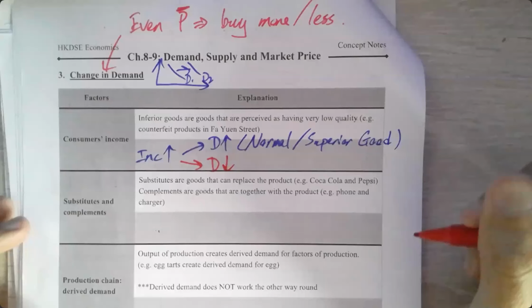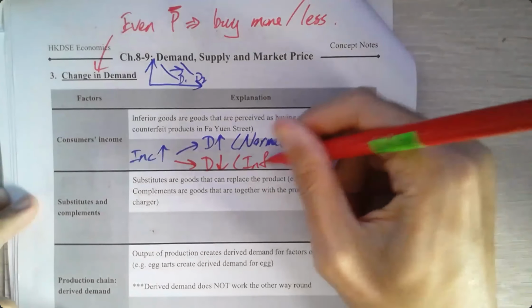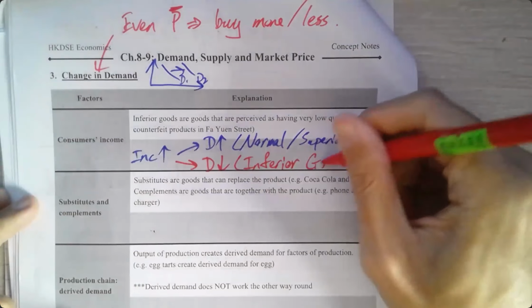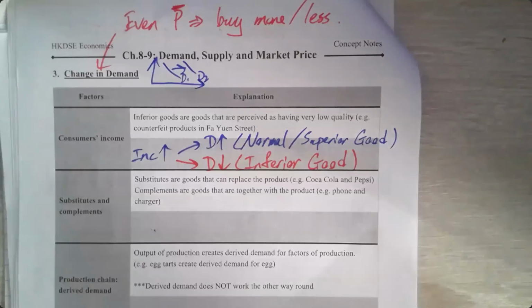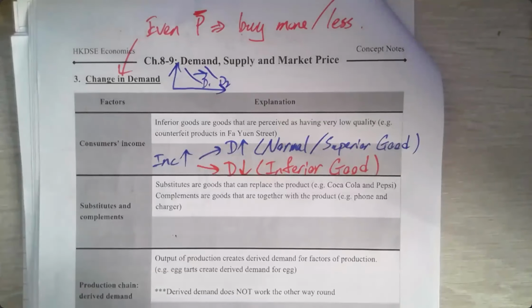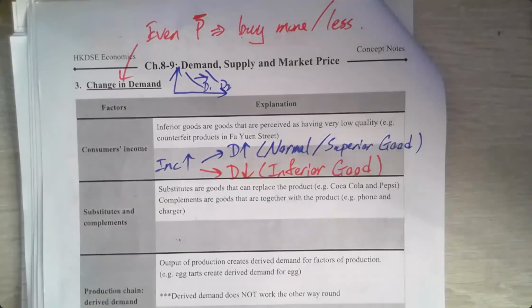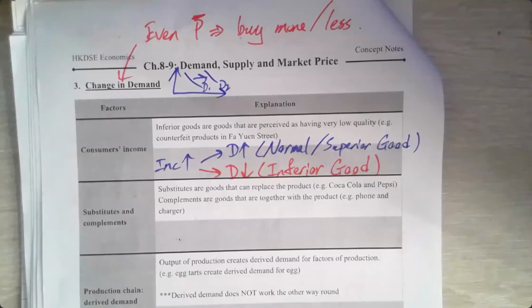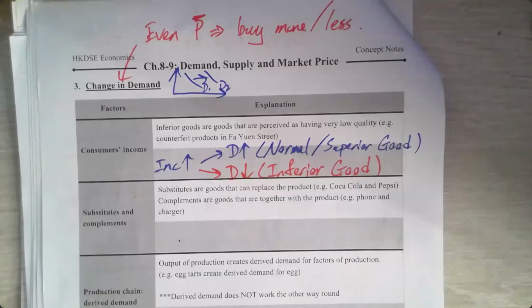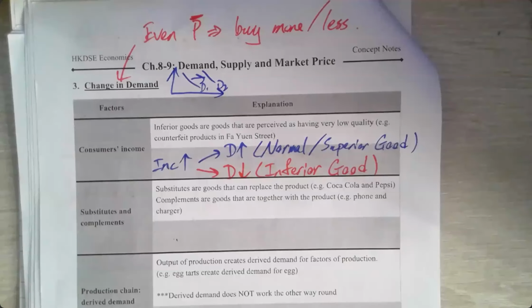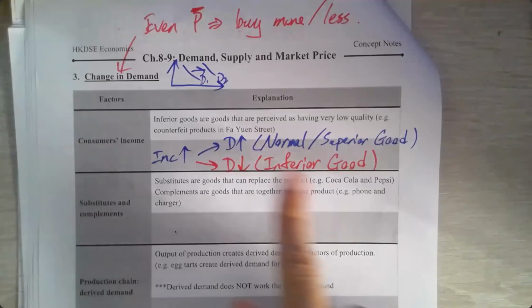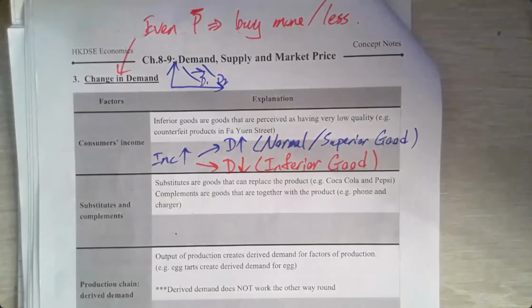On the other hand, demand would drop for a certain type of good we call inferior goods. For example, if you have money, you go buy LV, so LV is a superior good. When you have no money, you buy IV instead, the counterfeit products. When you have money, you don't buy IV, or else your girlfriend would get angry at you.